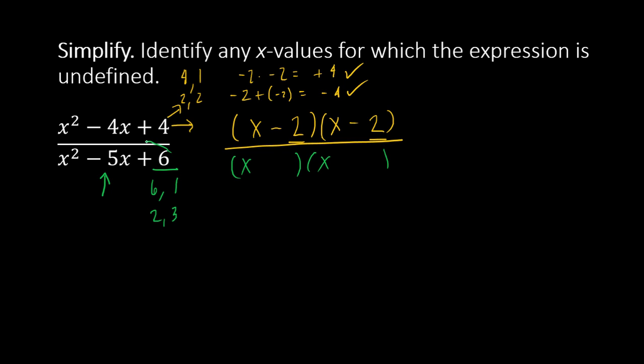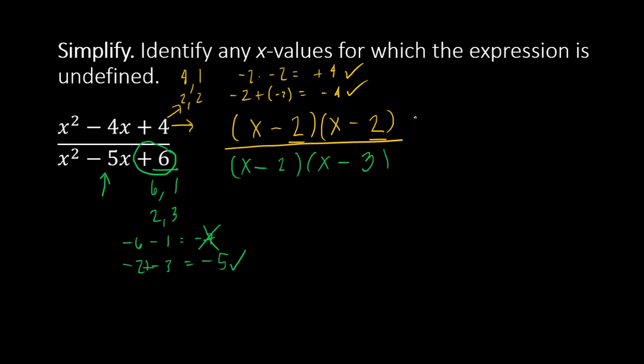Because I know when I multiply them together, I need to get a positive result. So that tells me that both of these are going to end up being negative. So negative 6 minus 1 equals negative 7, so that's no good. But negative 2 plus negative 3 is equal to negative 5, which is what I wanted. So I'm going to use negative 2 and negative 3 as my values for m and n in the denominator.